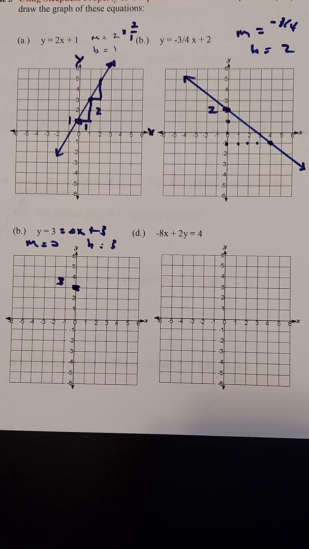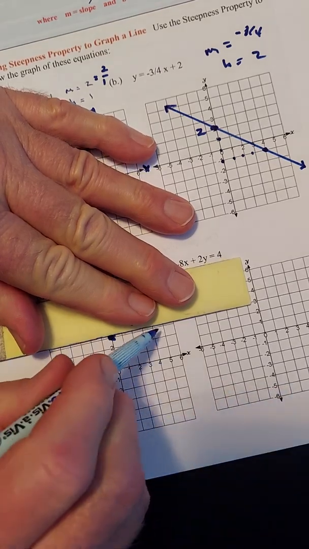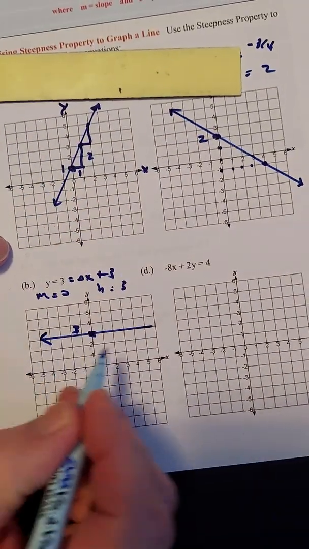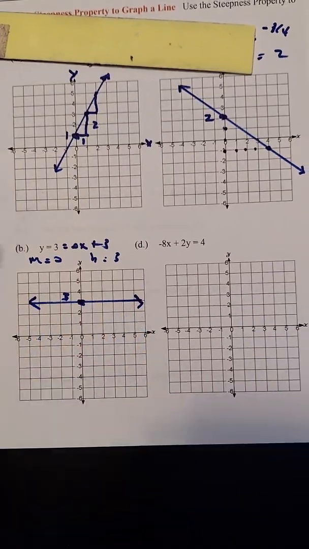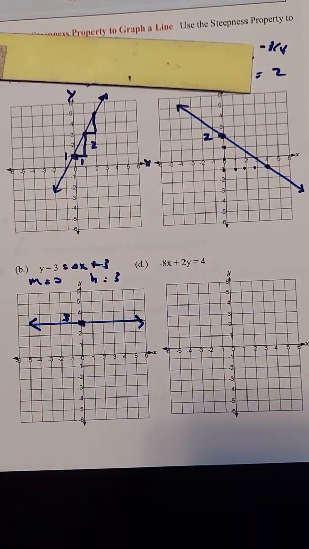And a slope of 0, remember that's flat. That goes straight across. So when I draw my line, that's what it looks like. That's a slope of 0. So I had a positive slope, a negative slope, and there's a 0 slope.